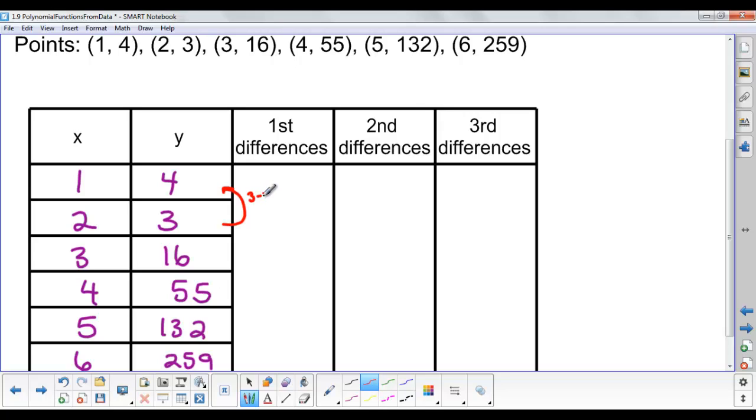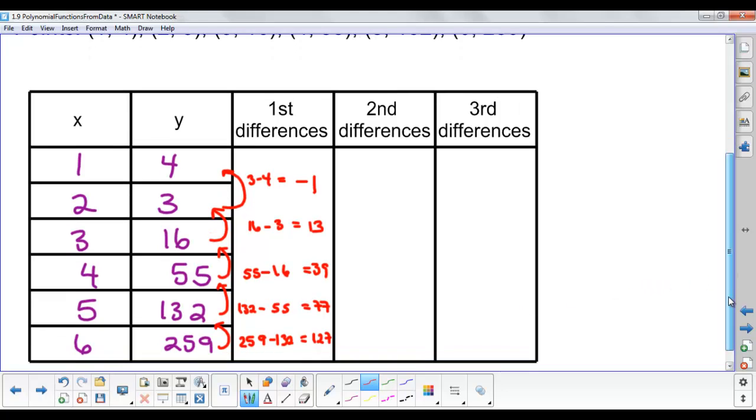So we have 3 take away 4, 16 take away 3, 55 take away 16, 132 take away 55, and finally 259 take away 132. Clearly, our first differences are not equal.